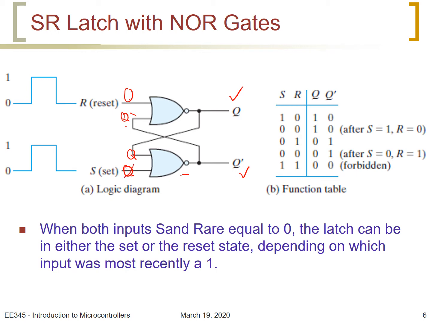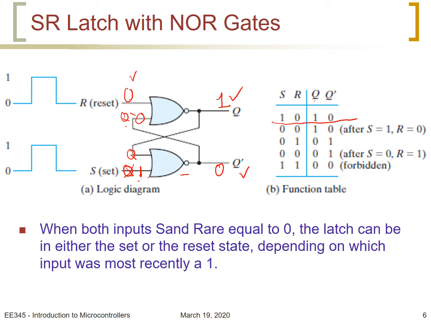So we make this 1. And R remains 0. When this is 1, irrespective of what is Q, this must be 0. Because 1 or Q is 1, inverted 0. And when this is 0, this must become 1. So when S is equal to 1 and R is equal to 0, Q is 1 and Q prime is 0. And we say that the latch is set now.